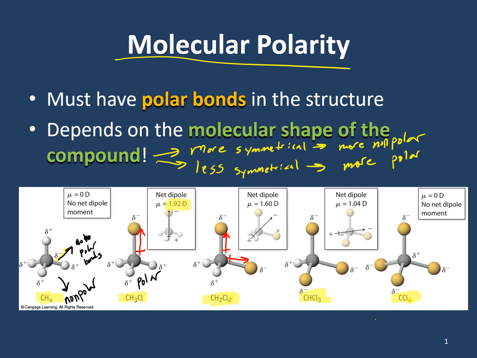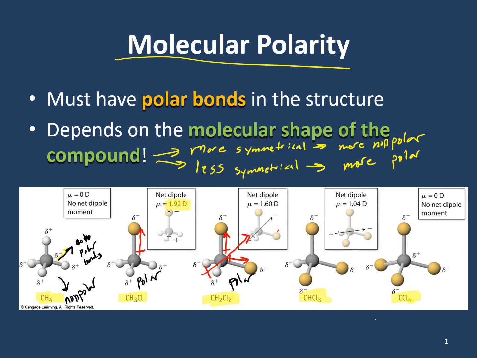Now what that leads to is a net dipole moment across the molecule going this way. It's still a very polar molecule. It's not perfectly symmetrical. We have chlorines on one side, we have hydrogens on the other. And so with its polar bonds and its asymmetry, we have a polar molecule again.